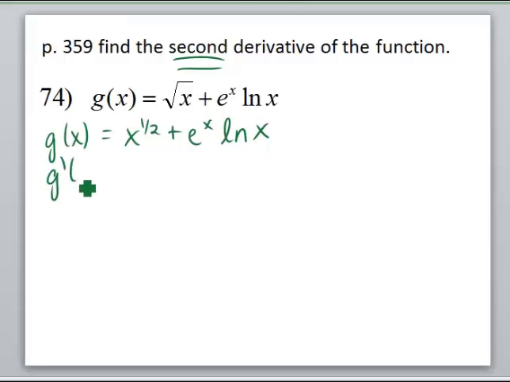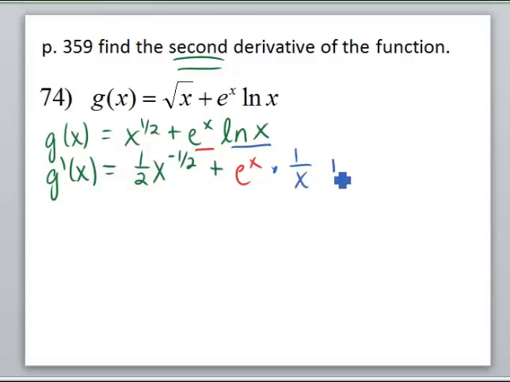The first derivative is 1/2 x to the negative 1/2 plus, I have a product rule here. I'm going to underline the two parts. So I'm going to write the first times the derivative of the second, which is 1 over x, plus the second times the derivative of the first, which is e to the x.